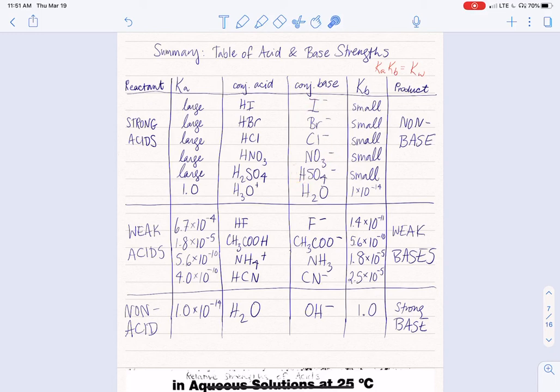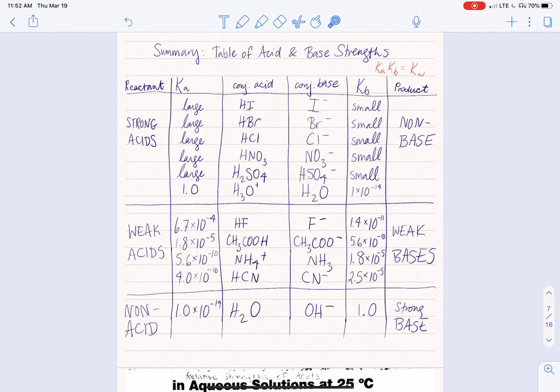All I did to write these was peel off a proton of the acid. Now, the stronger the acid, the weaker its conjugate base. So if I have a large Ka, I'm going to have a teeny tiny Kb for the conjugate base. And that teeny tiny Kb effectively means that these are non-bases. They are not able to hydrolyze water.